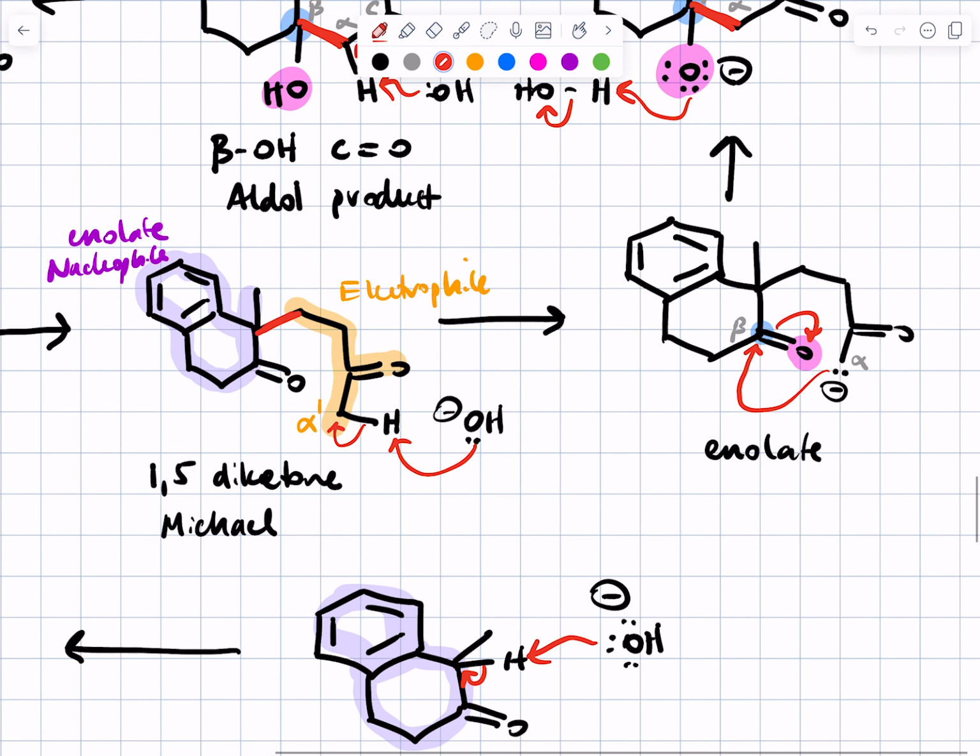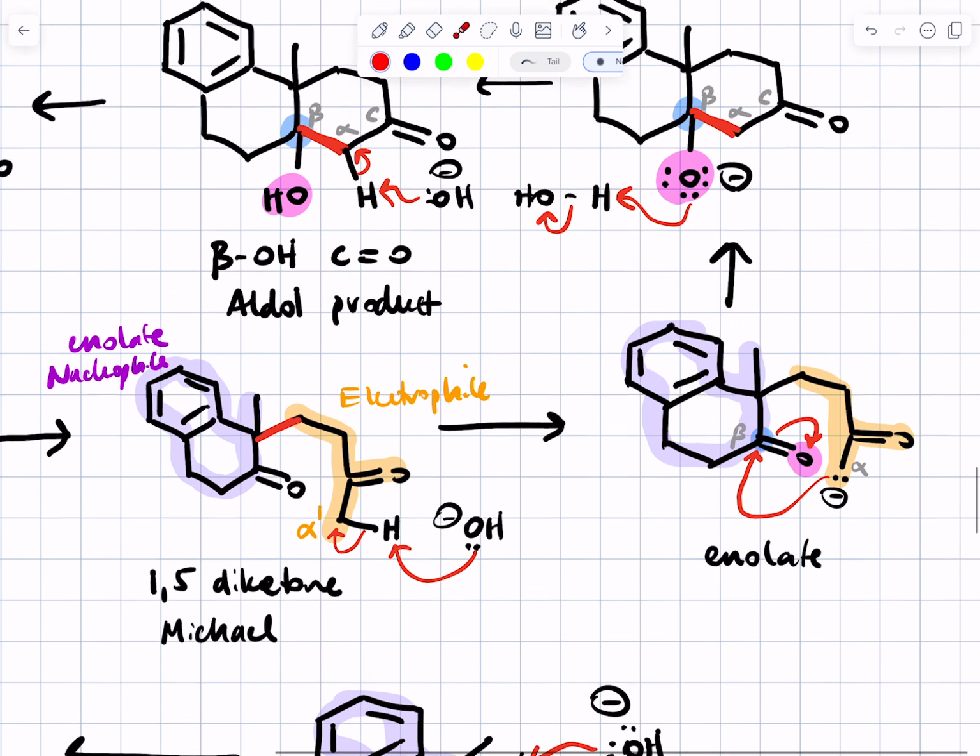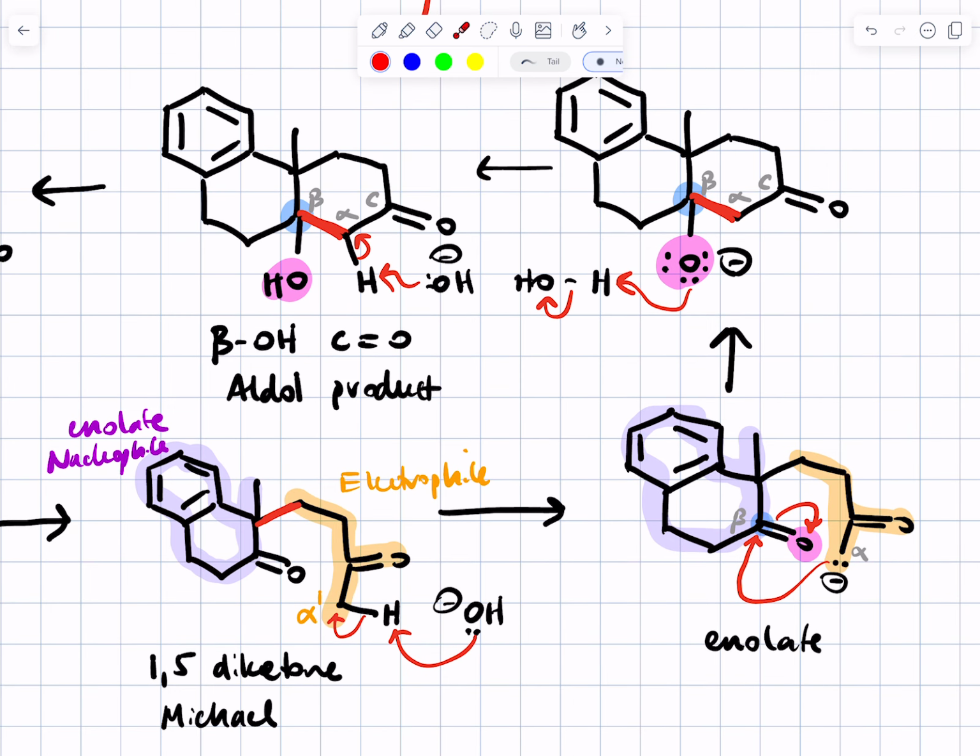That will get us this enolate. Again, we can highlight in purple the portions of the molecule that come from both of our sources. That new enolate orange alpha carbon will attack the purple carbonyl carbon to get a tetrahedral intermediate. That's the first step of the aldol reaction.